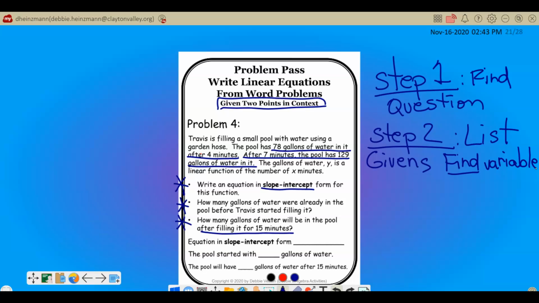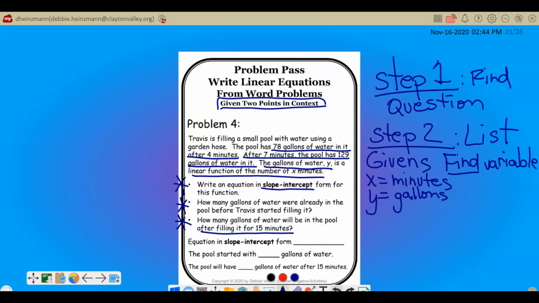So they're telling us that the gallons of water, Y, is a linear function of the number of X minutes. So X equals minutes, Y equals gallons, okay? And they give us 2 data points.